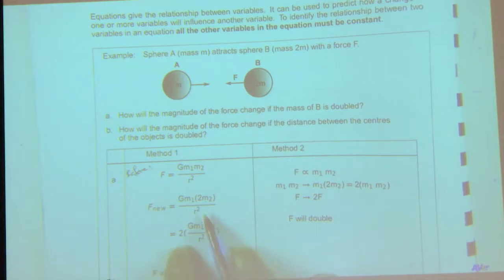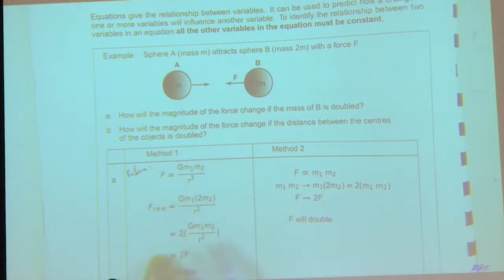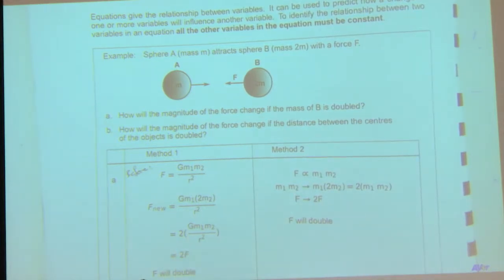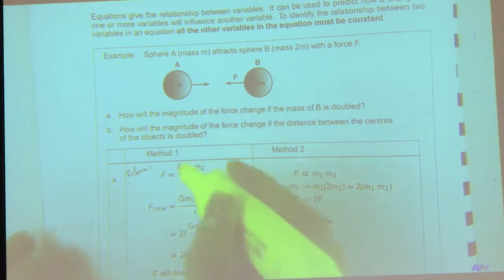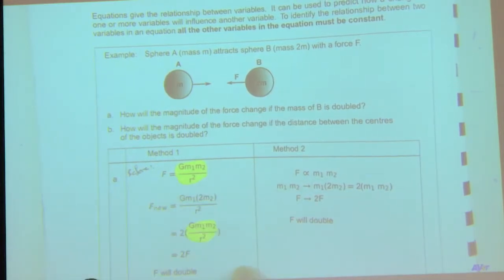Then you say, okay, I now have this, but I want to compare that to the previous one. So take out everything that's strange, so that we go back to F. F used to be GMm over r squared, so go back to GMm over r squared, because that was what F was before.